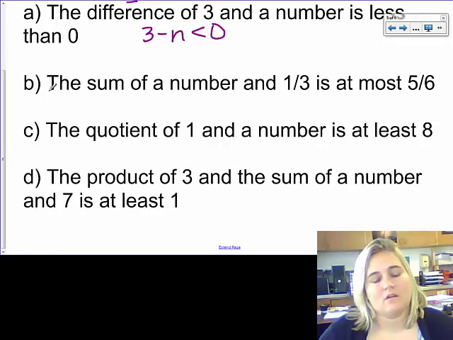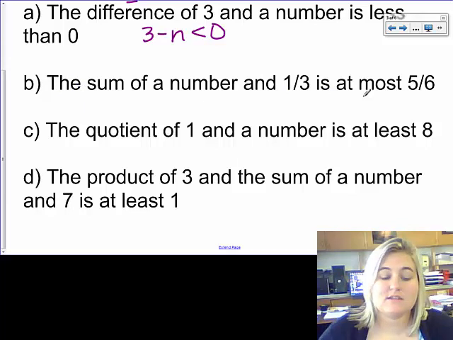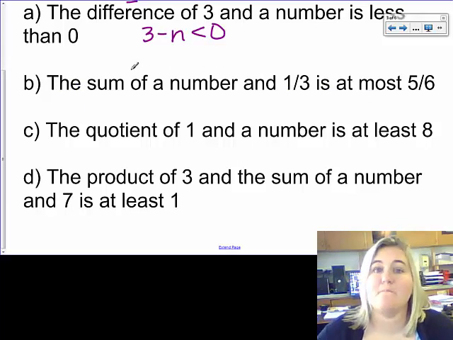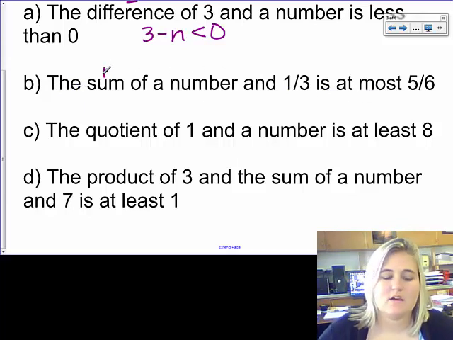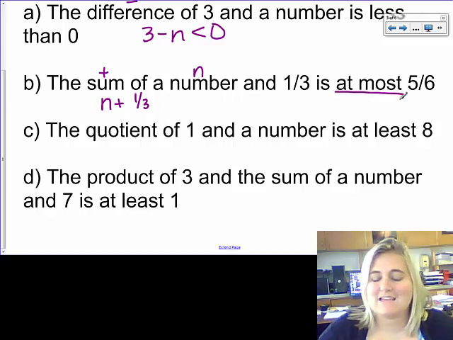B says the sum of a number and 1/3 is at most 5/6. You should know that sum means to add, so I'm going to write this as n plus 1/3. And it says it is at most. Now you have to kind of talk yourself through these.